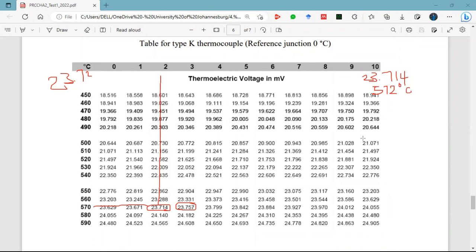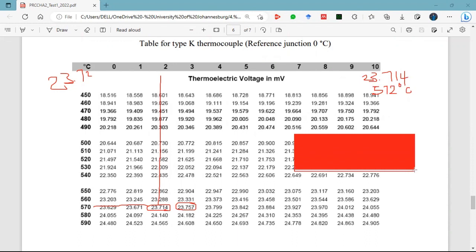Let me just put a table here with some nice lines so that you understand it better, because you're going to be doing some interpolations. Already you saw that it's not there, so it will need to be interpolated.